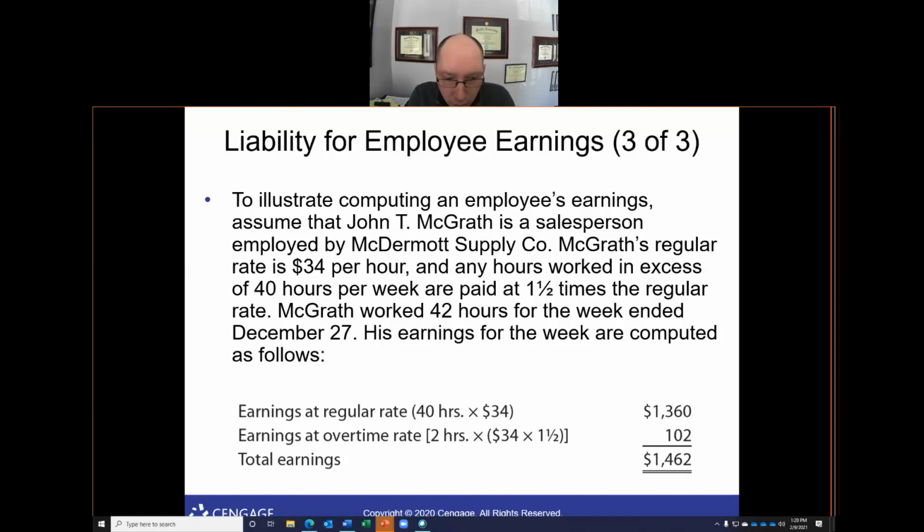The employee worked 2 hours overtime. That's time and a half. So $34 per hour times 1.5 times the 2 hours is $102 in overtime pay. So the total earnings is the regular rate plus overtime, $1,360 plus $102. Gets you to the total earnings of $1,462 for this employee.